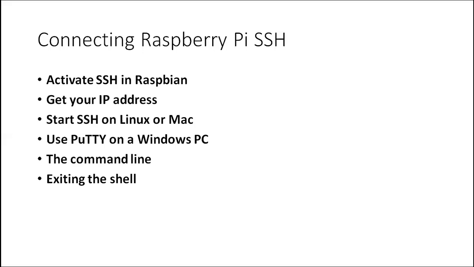If you are using Windows to connect to your Raspberry Pi, you should have installed PuTTY on your Windows machine. Or if you are using a Linux machine, you can start SSH in the Linux terminal. Then, using the IP address you got, you can connect to the Raspberry Pi. Whenever you connect, it will ask for the username and password of the Raspberry Pi.